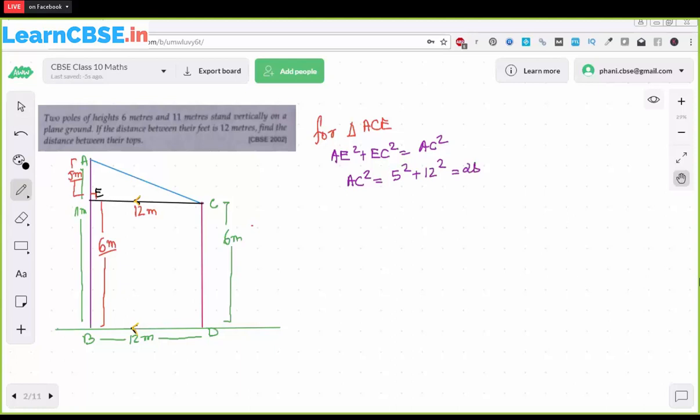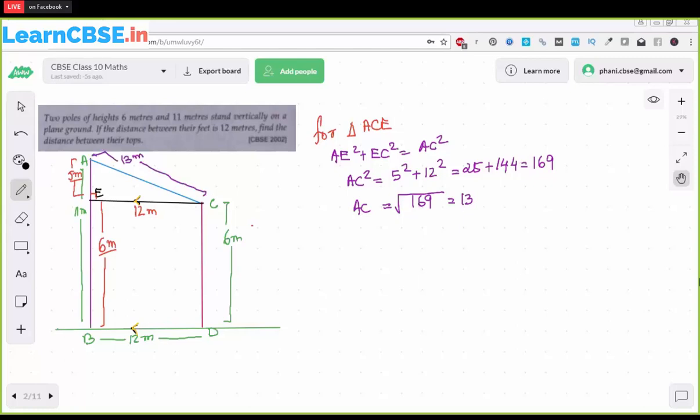So it's 25 plus 144, which will give you 169. So length of AC will come under root of 169. That will give you 13. So length of AC will come 13 meter.